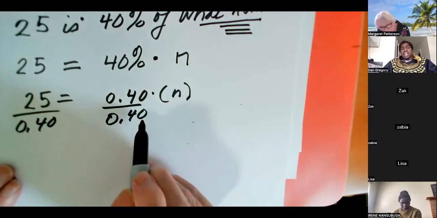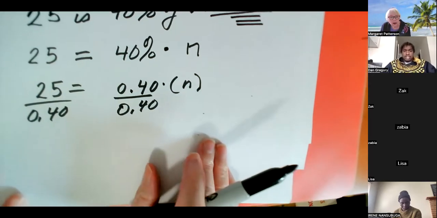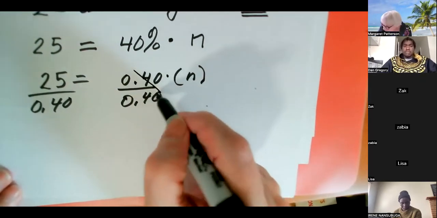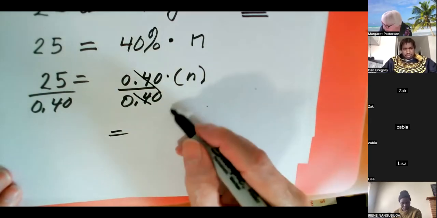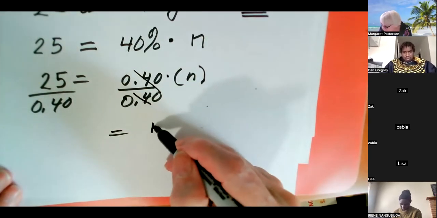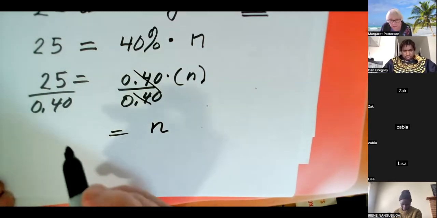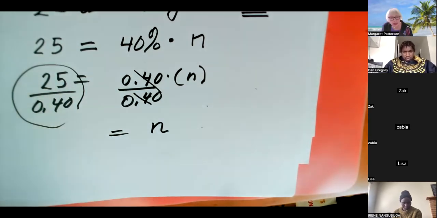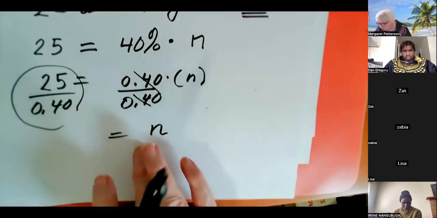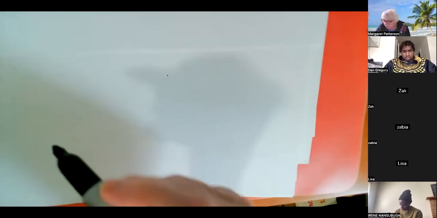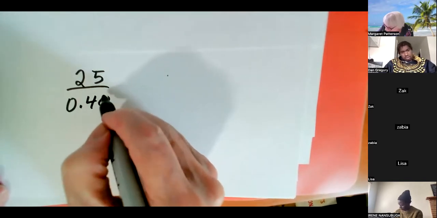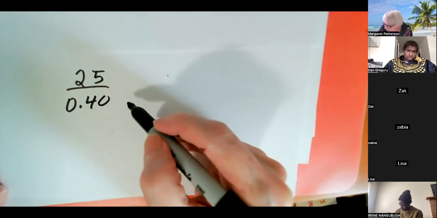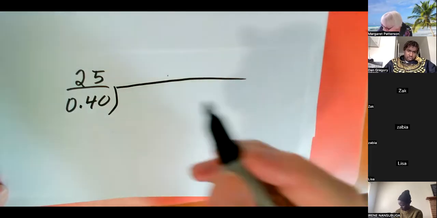So, cross that out, can't you? Since it's 0.40 over 0.40, that's 1n, which is just plain n. And if you can do this computation, you've got your answer. So it's 25 divided by 0.40. Like that.